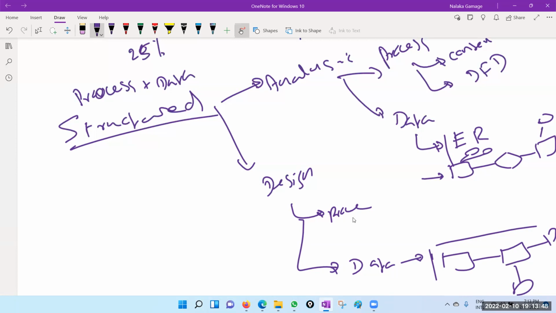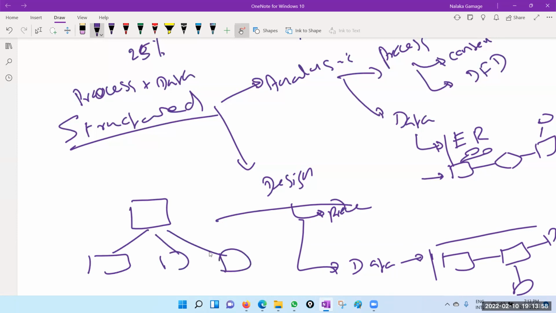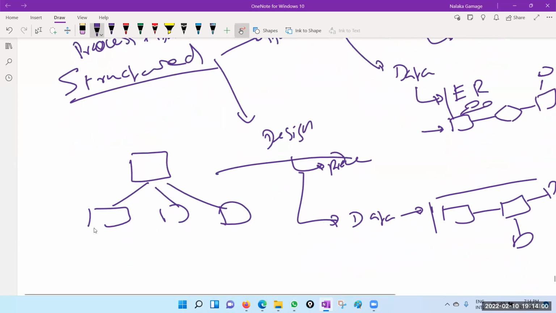When it comes to process, the main thing is your component or modular diagrams. We call it modular decomposition.